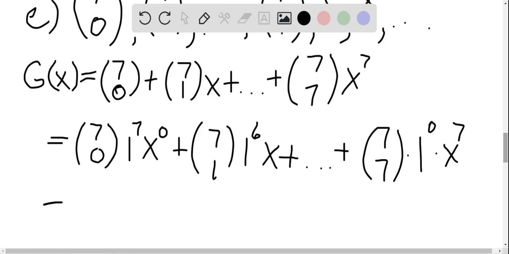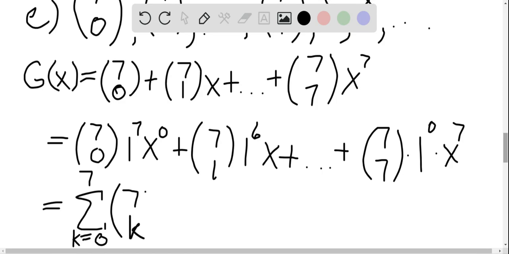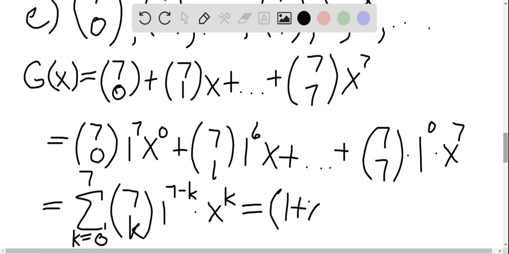We recognize this is the same as the sum from k equals 0 to 7 of 7 choose k times 1 to the 7 minus k times x to the k, which from the binomial theorem, this is the same as 1 plus x to the 7th.